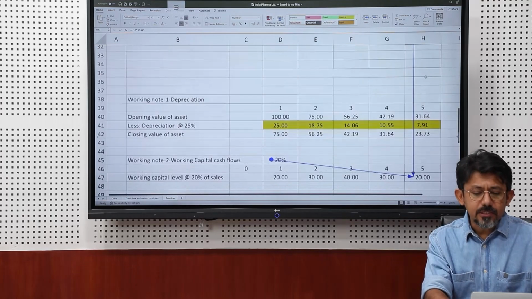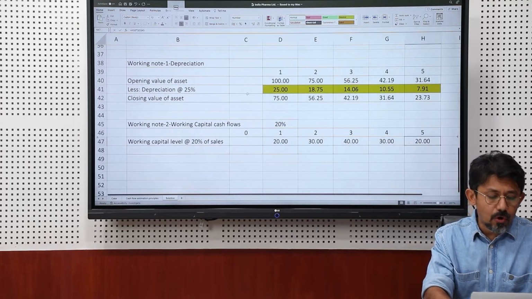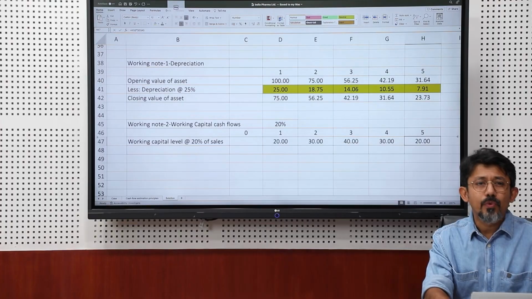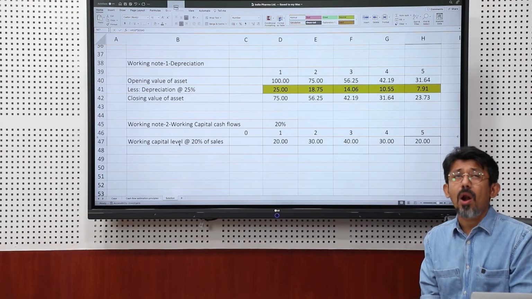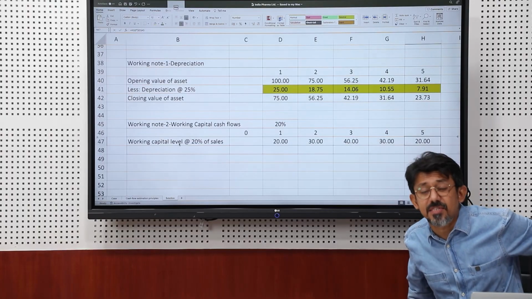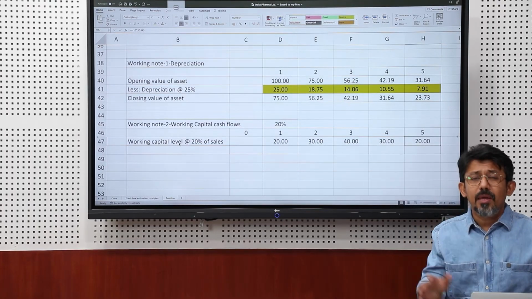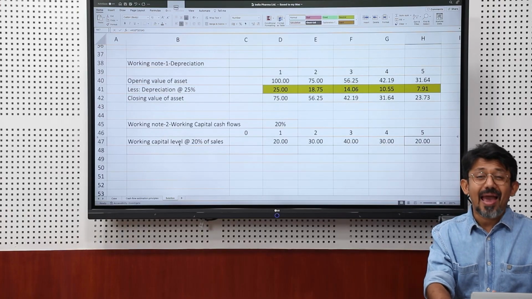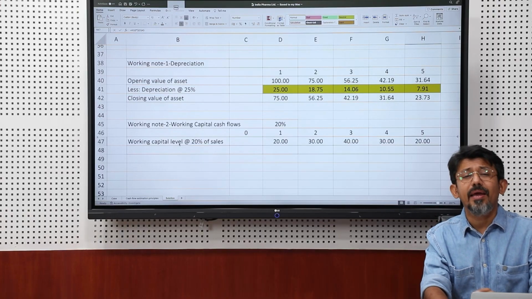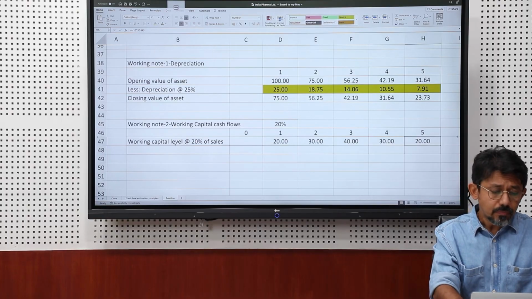Now, please note that this is the level of working capital which is required. What do I mean by level? This is the quantum to be maintained in the system, that is in the business, for you to be able to carry on the business in an uninterrupted manner.